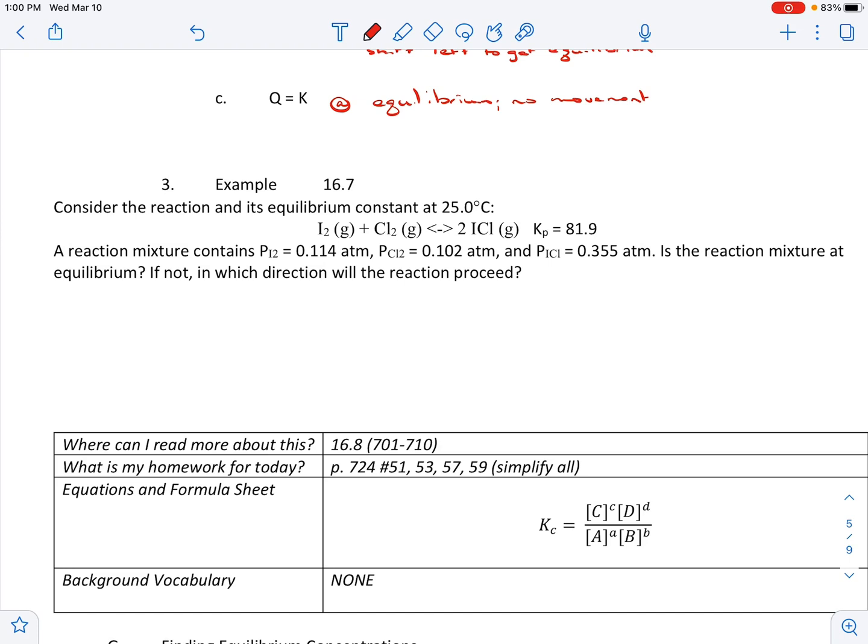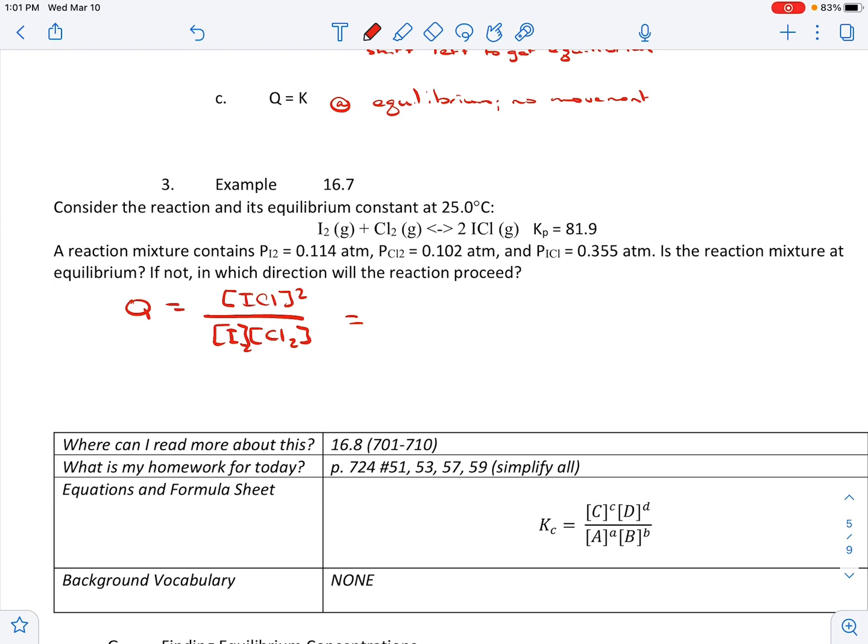So pretty straightforward here. Remember, Q is calculated exactly the same as K. So I'm going to start by writing my reaction quotient expression. Again, same as K. So we'll take ICl squared over I2 times our concentration of Cl2. And we're ready to plug in our numbers here.